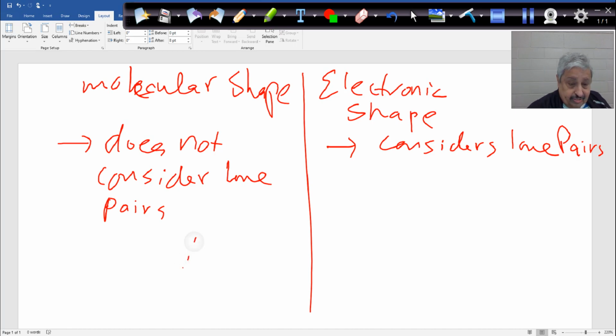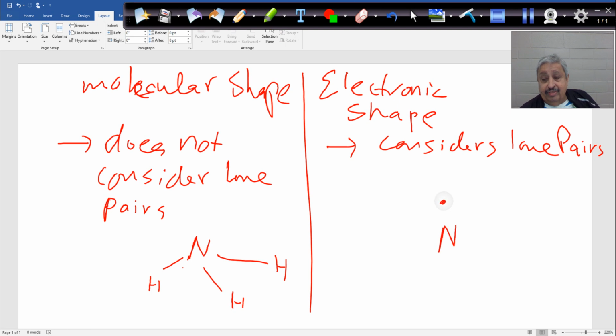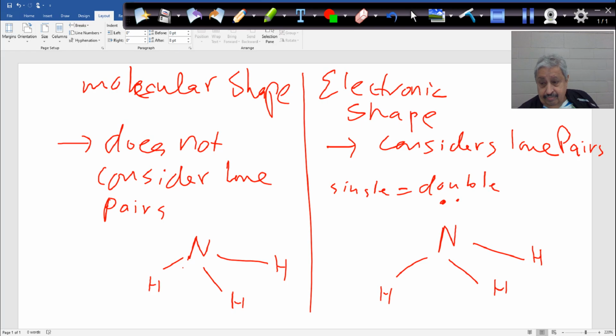If I look at this for ammonia, this is ammonia here without looking at the lone pair. But here I have to consider what? The lone pair, and each single bond, double bond, triple bond, and lone pair.